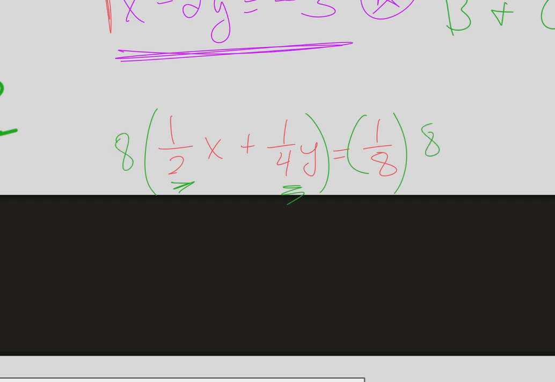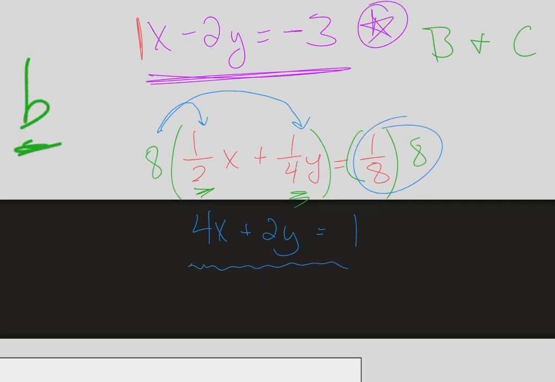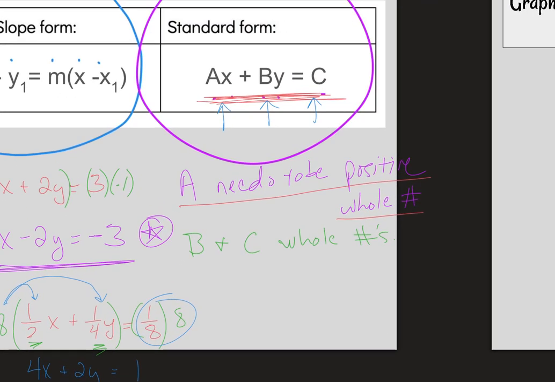So when we multiply by 8, this becomes 4x, and this becomes 2y, and then this side is just 1. And oh, look, now it's nice and pretty standard form. So that part, I think most everyone today was really on board with really pretty quickly. And then the only other thing about this was just it needs to fit this so that it is the style we're looking for.